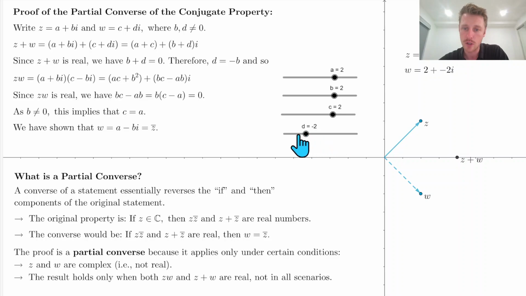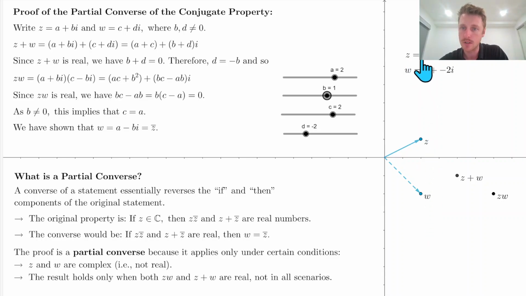But you'll notice if we change things, that's not always the case. Let me just pick it so we can see the values. So we've got something like this, where z plus w and zw are not real numbers because z and w are not complex conjugates of one another.